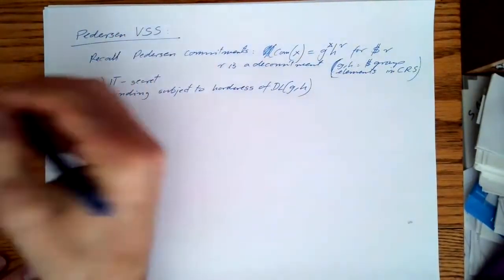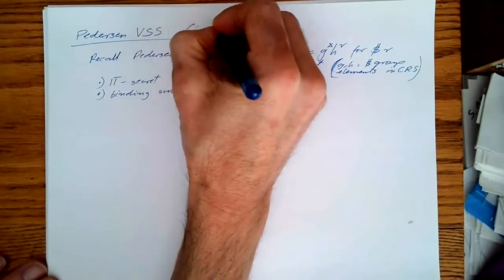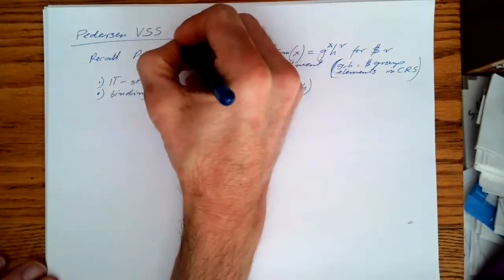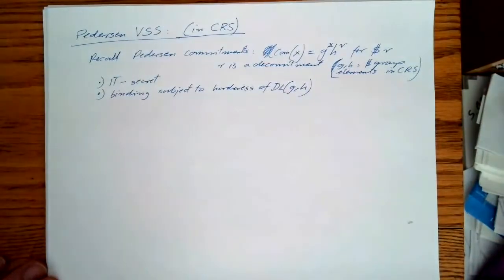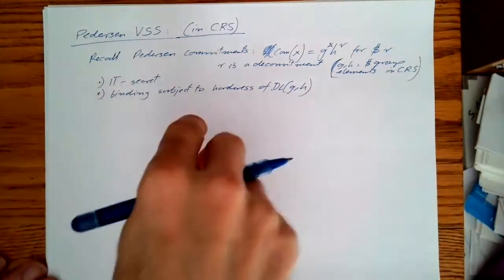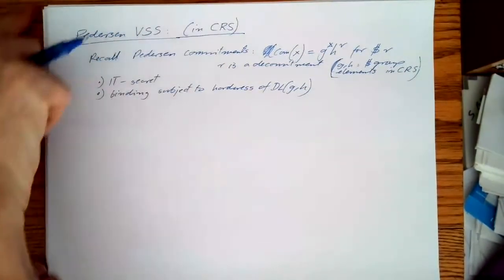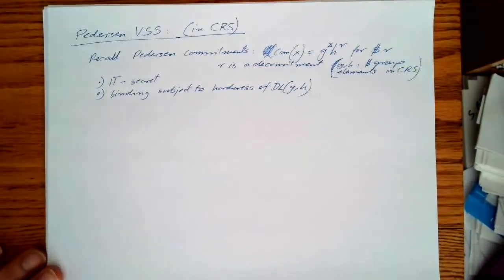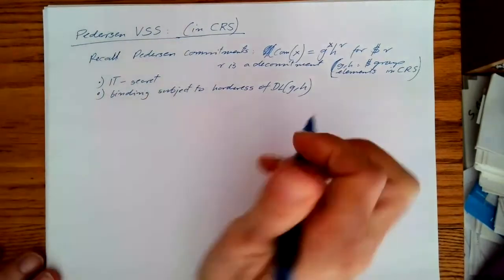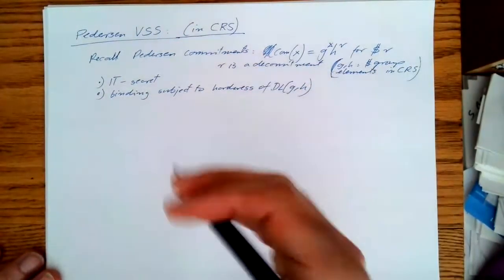So this is a Pedersen VSS in the CRS model. And let me think offline whether you can upgrade it to an arbitrary setting, so basically everybody would have to pre-agree on this g and h. So let's leave this aside. You can say, well, okay, how about a distributed coin toss?